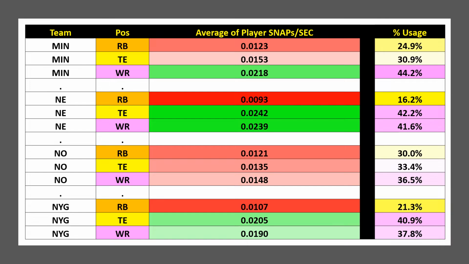I would have liked to see Kamara used higher than 30% given his importance to that team. And the wide receivers, I'm underwhelmed here. 36 is not strong. Tight end, Ingram's back, and the reason I hope that Ingram does well is this number right here.